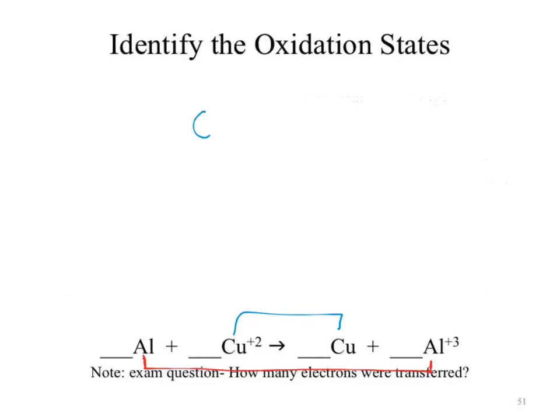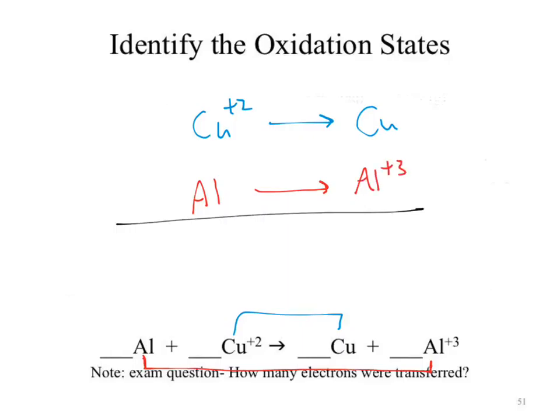We'll start with copper +2 going to copper with what oxidation state? 0. We can also write underneath it aluminum going to aluminum +3. And our goal is to now deal with those individual equations so that when we add them up, we can get our official balanced equation and everything stacks out appropriately.